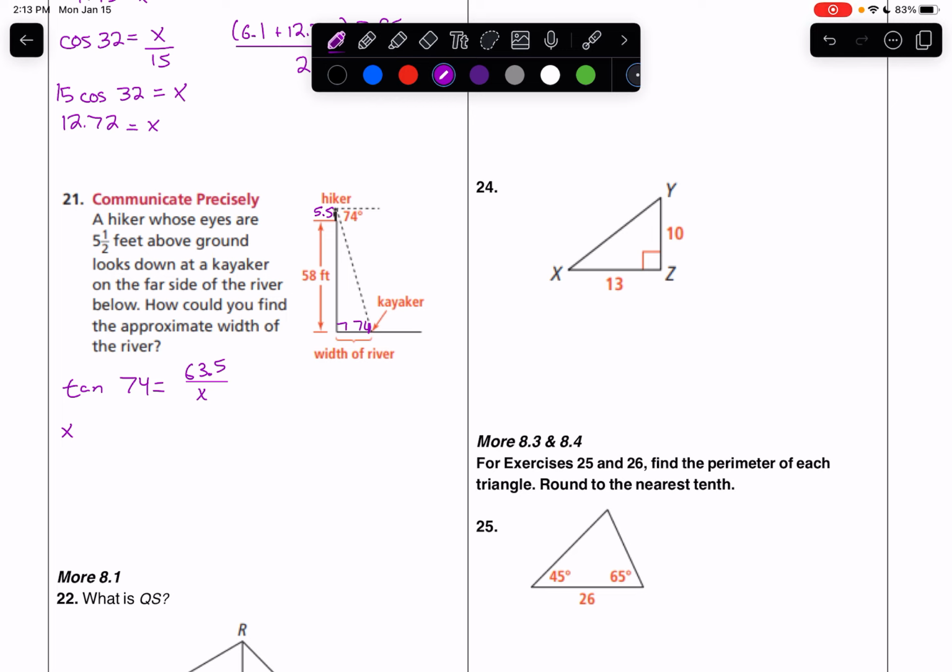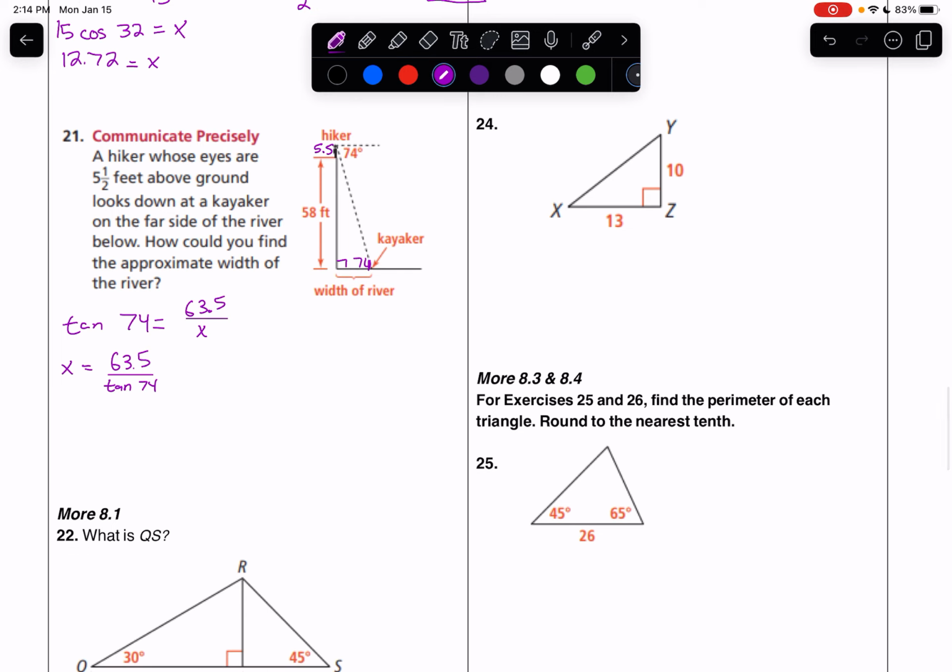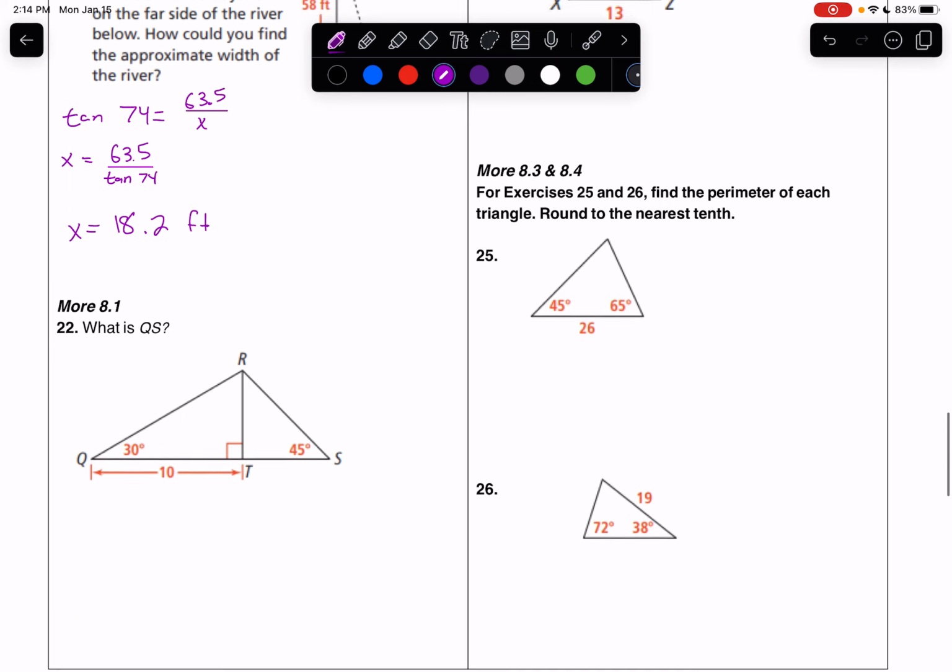Then I divide both sides by the tangent of 74 so that I get x on its own. So 63.5 divided by the tangent of 74, which of course is just a number. I put that in my calculator, and x is equal to 18.2 feet. So the width of the river is approximately 18.2 feet.